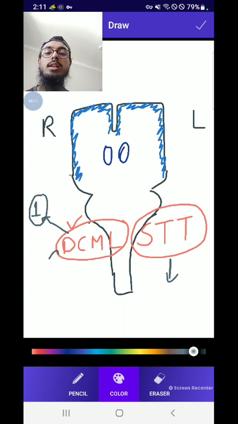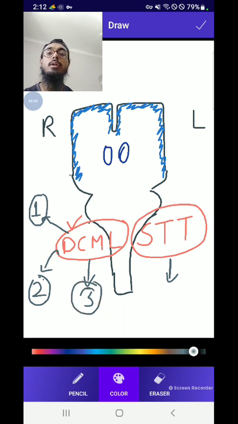What is the first function of the dorsal column medial lemniscus pathway? Fine touch.